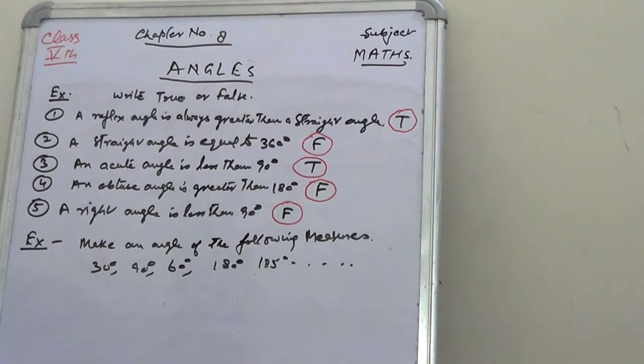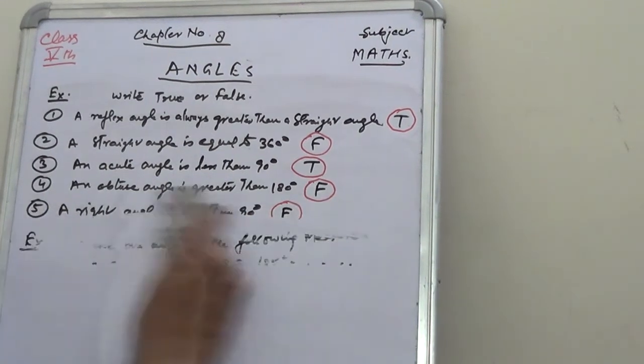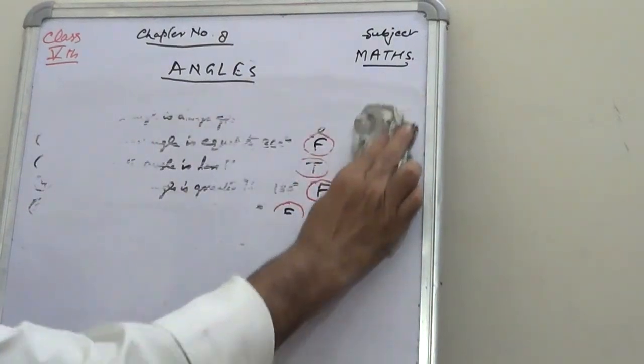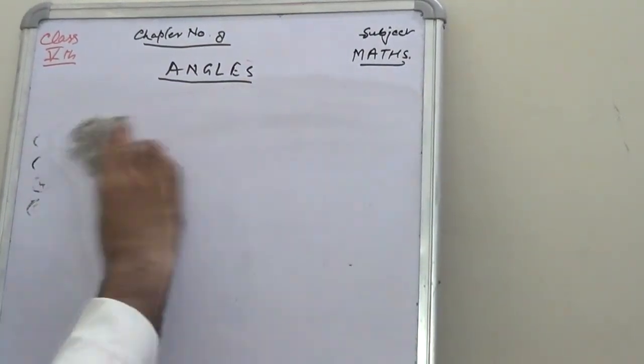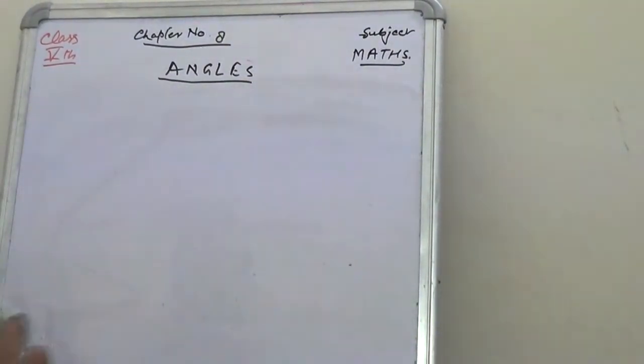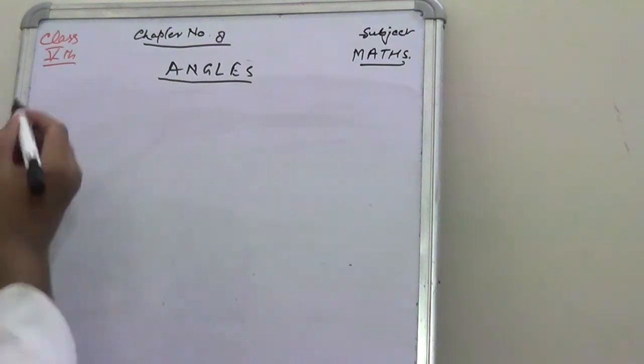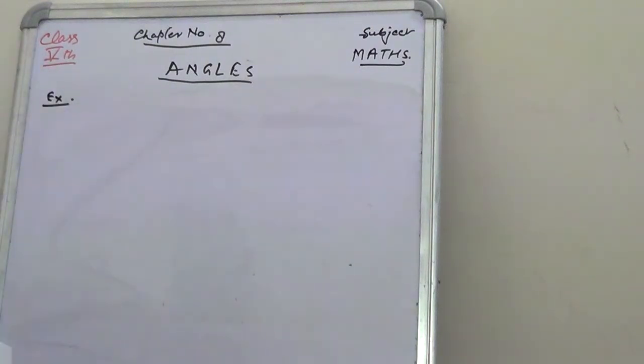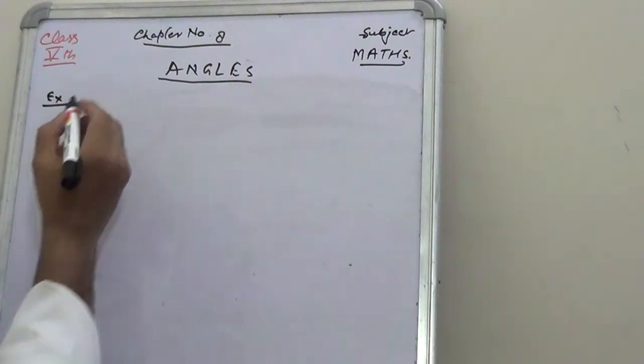Now further, children, another type of problem which comes in this chapter are fill in the blanks.